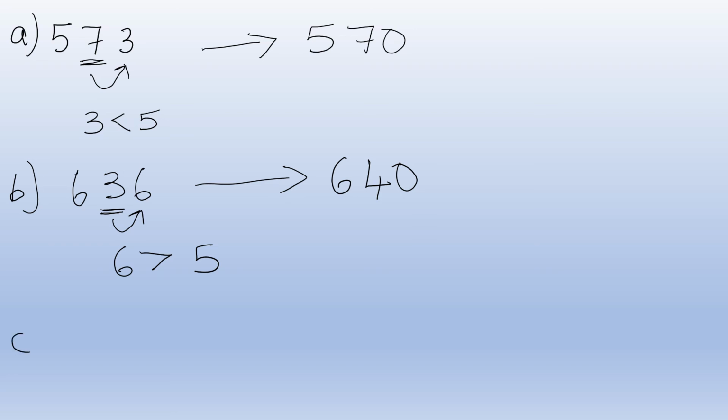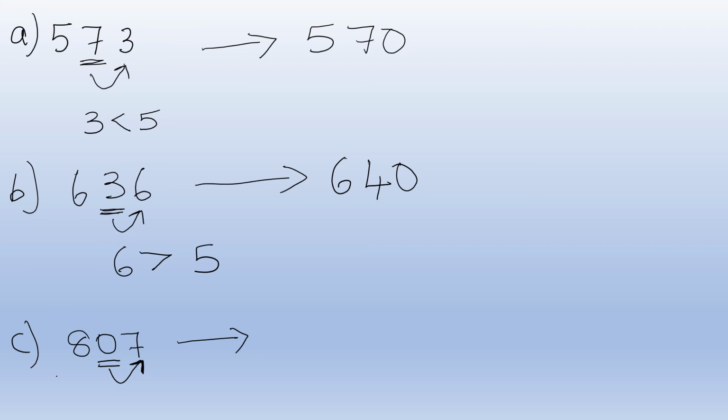Okay. Let us take one more example. 807. If I take 807, how will you round to the nearest 10? Can you all give a try? The digit in the tens place is 0. So I'm supposed to look into the digit on the right.